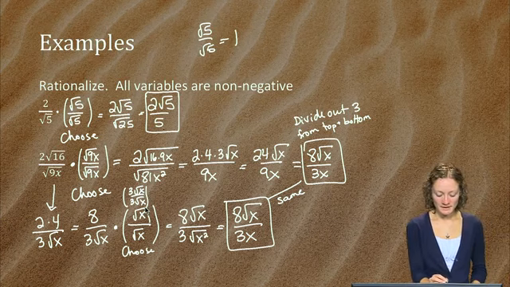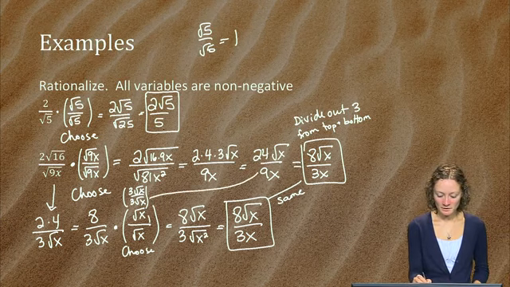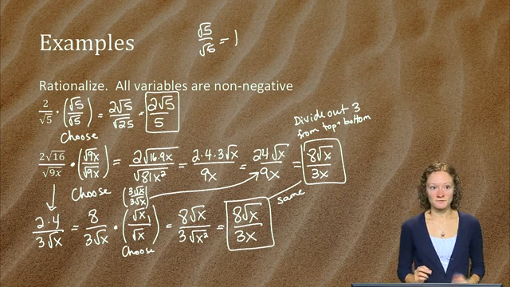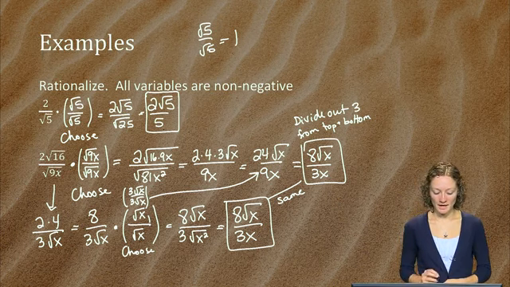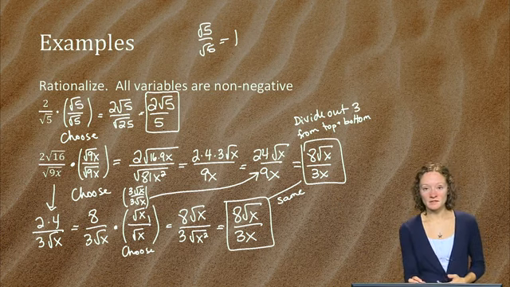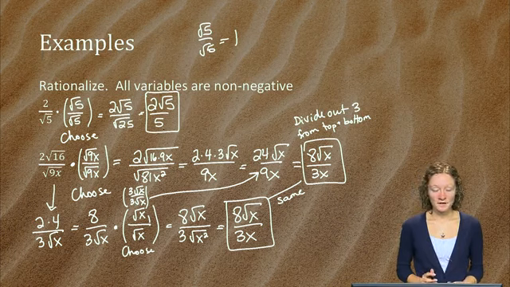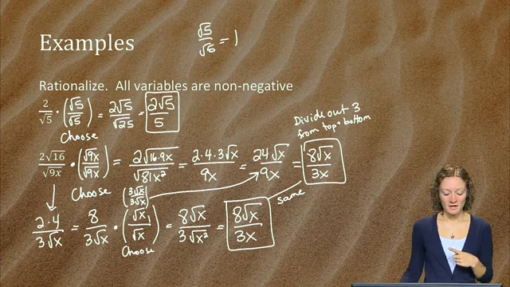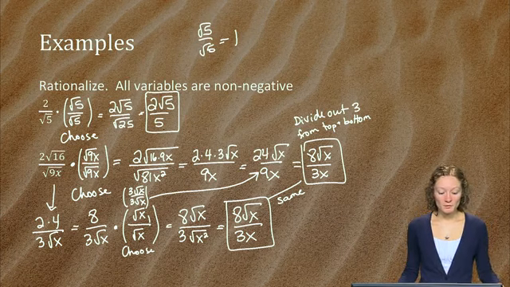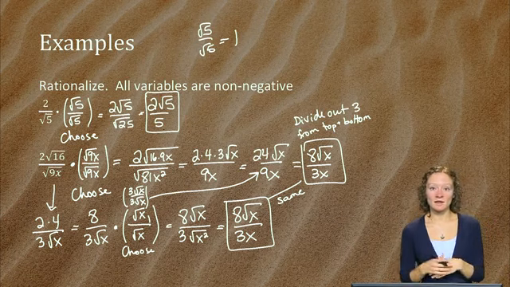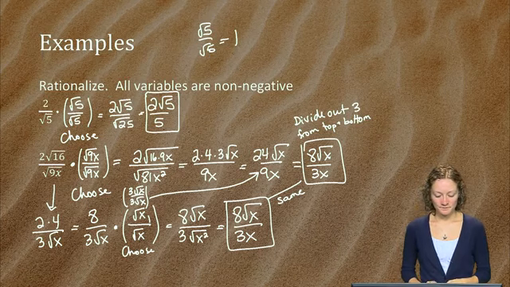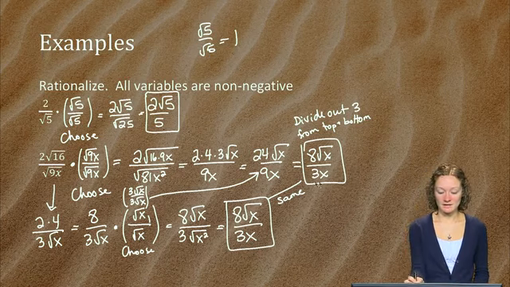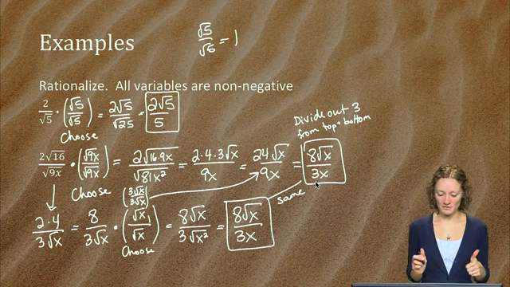Well, if you chose that exact denominator, you would end up with this line, 24 square root of x over 9x, which would ultimately still simplify to the same thing. So the good news with rationalizing with one term in the denominator is that you have options. So if you pick something that's too big, it's fine. It'll all simplify out in the end. But remember that the ultimate goal is just to not have a radical in the denominator, which we have accomplished.